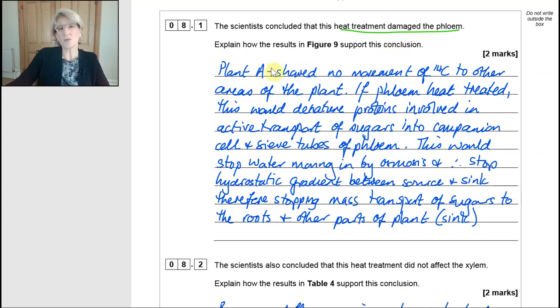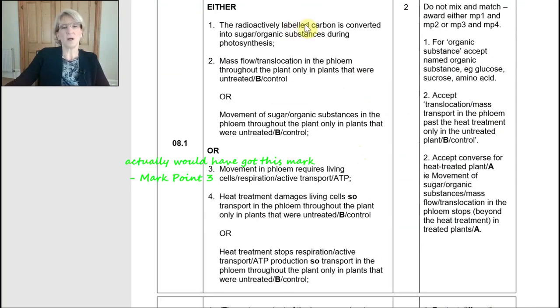So I want to talk about what I noticed from the results, but also expand on the biology. So this is me talking about the results, and this is me talking about what happens in the phloem. But it's 2 marks. I wasn't quite sure what they wanted. Even though I know that, I didn't write it.